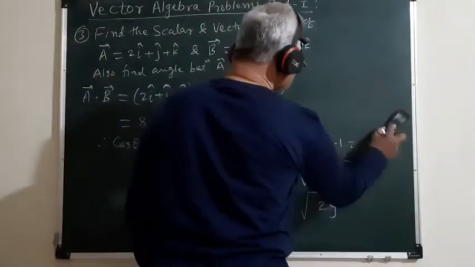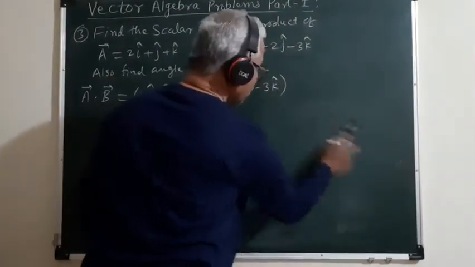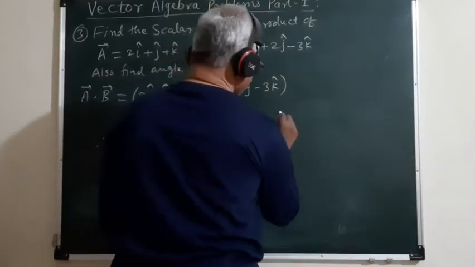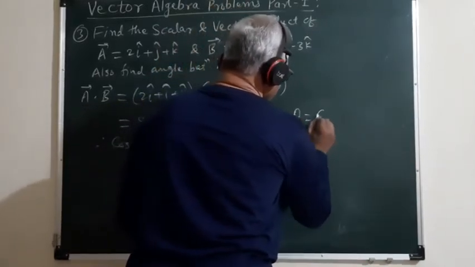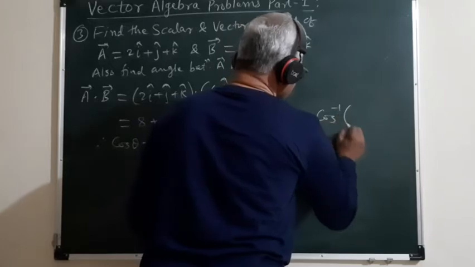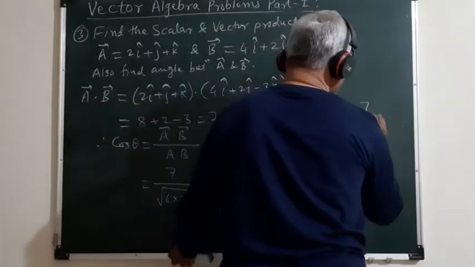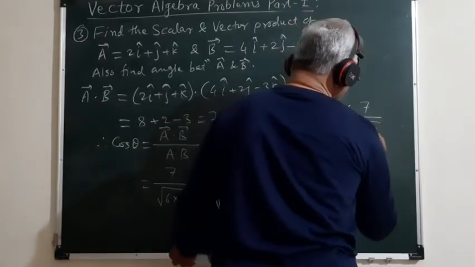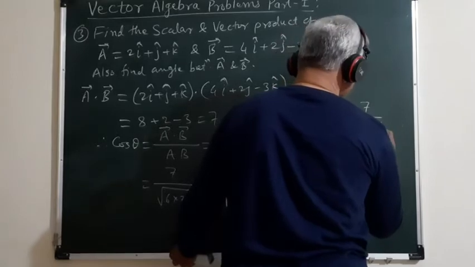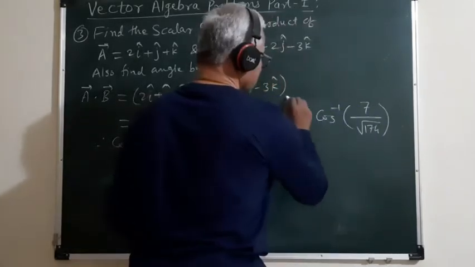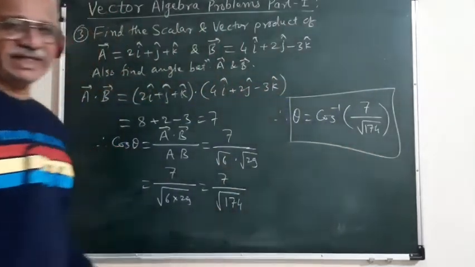Therefore, theta is equal to cos inverse of 7 divided by root 174. So this is the value of theta.